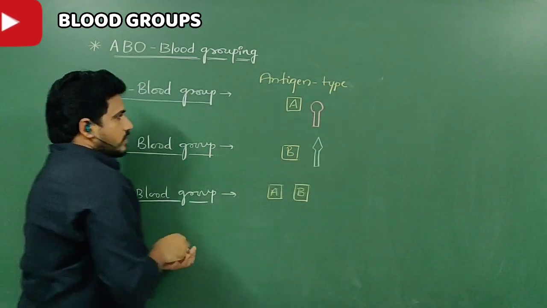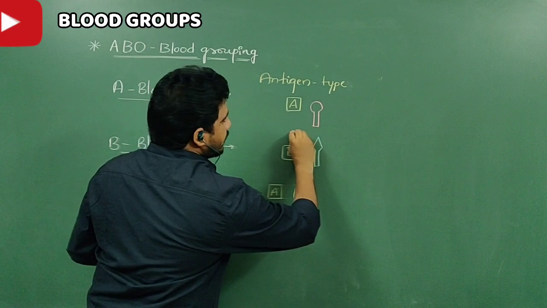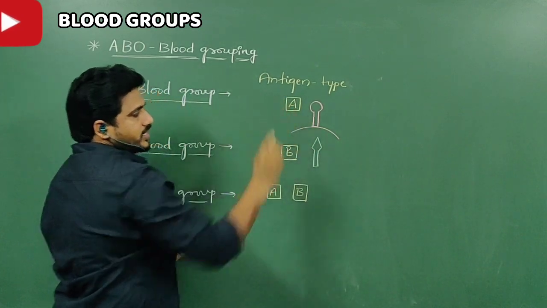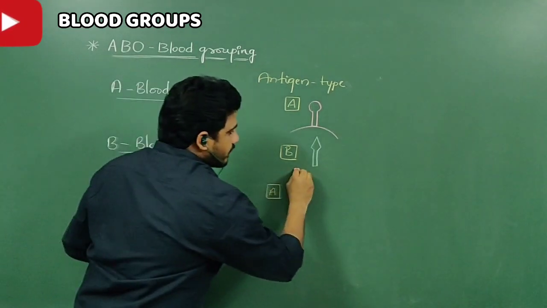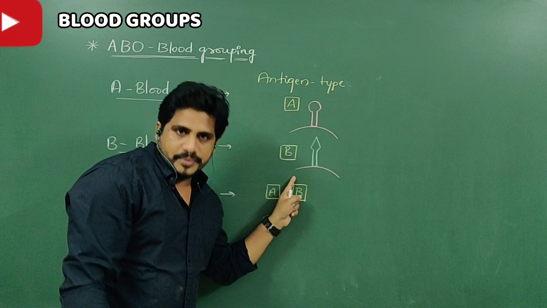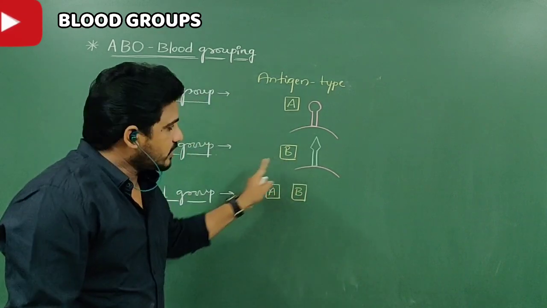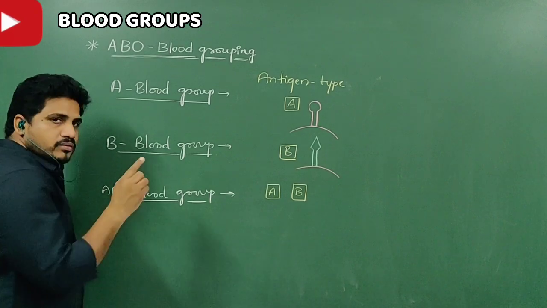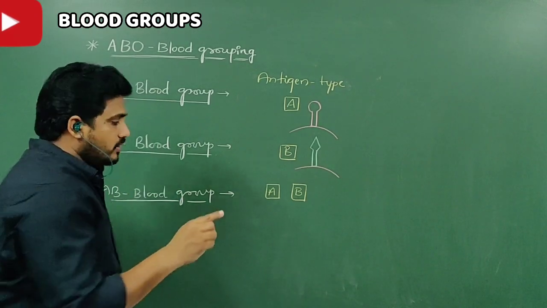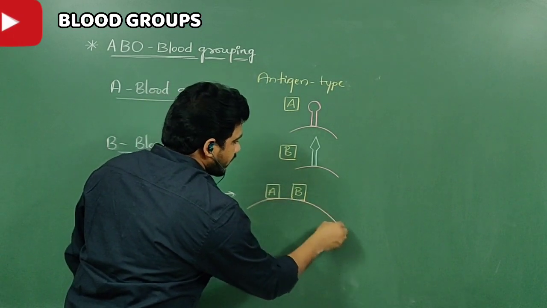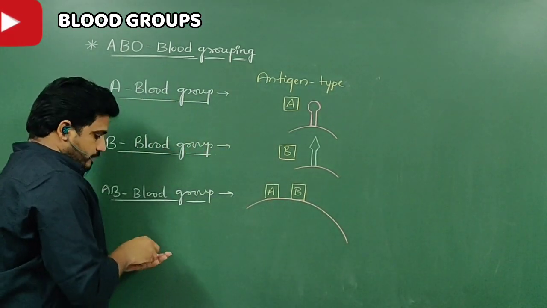Means in the RBC of an A blood group person, the cell membrane of RBC has only one type, that is A type. Whereas the cell membrane of RBC of a B blood group person has this type of antigens. If a person has AB blood group, in his RBC cell membrane both A and B are present.